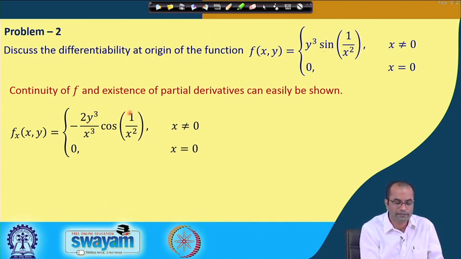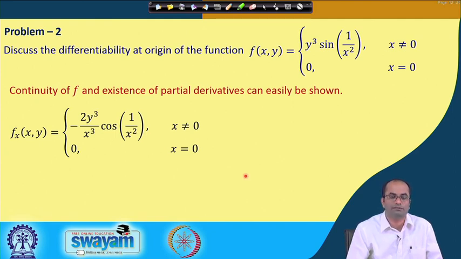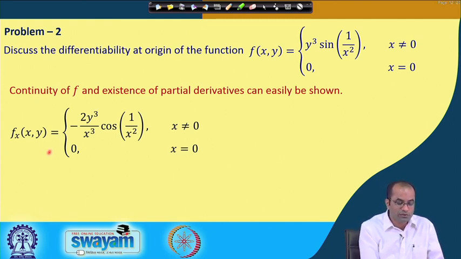For sine we will get the cos term of 1 over x squared, and the derivative of 1 over x squared will be minus 2 over x cubed. So, this is the derivative when x is not equal to 0, and we get this derivative as 0 when x is equal to 0 by the fundamental definition of the derivative. So, in this case, what we will show now is what happens when we take the limit here as (x,y), or basically this x goes to 0, as we approach the origin. What will happen to this limit?